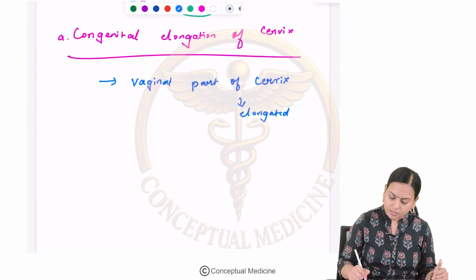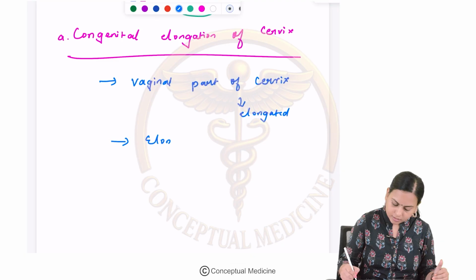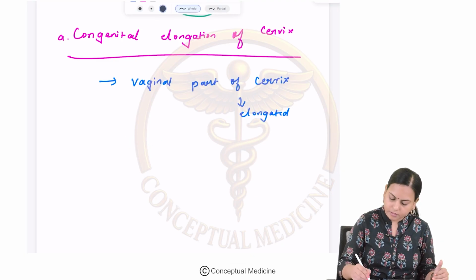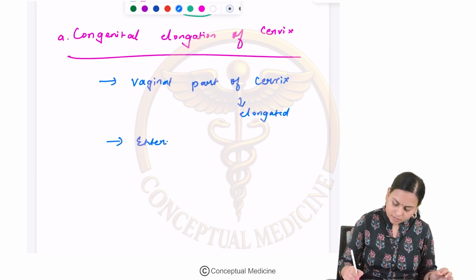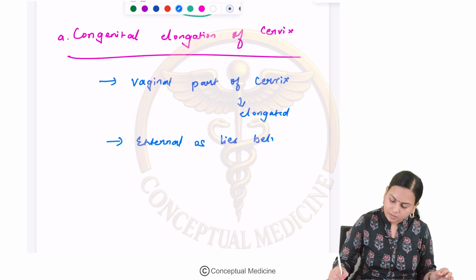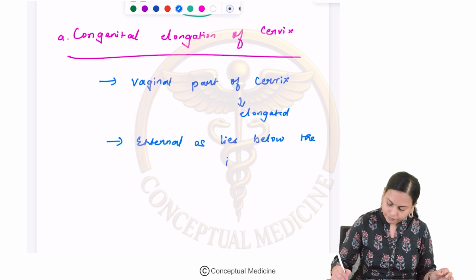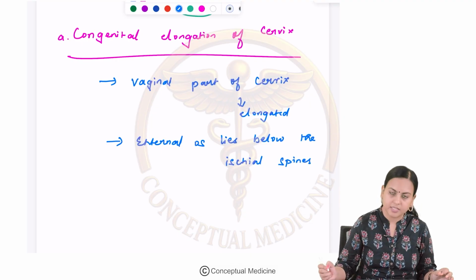And the next one is this. In this congenital elongation of the cervix, the external os will be lying below the ischial spines. Okay.